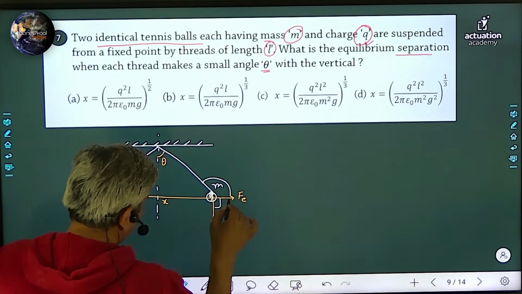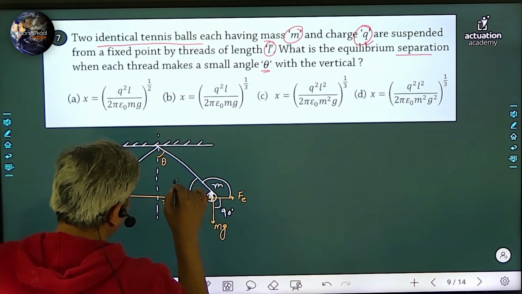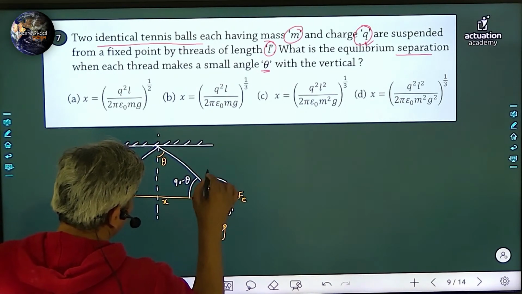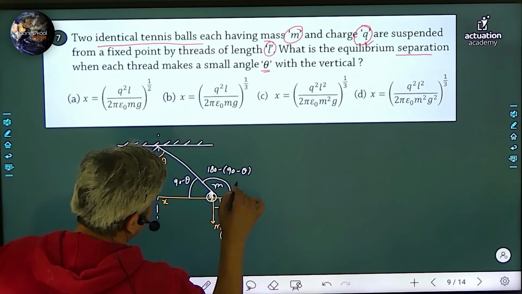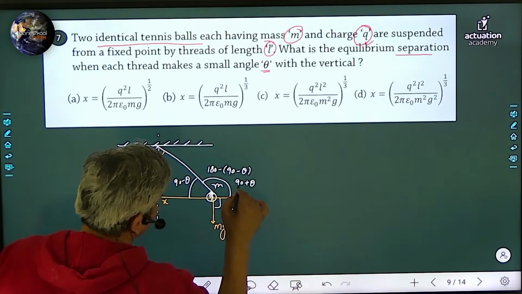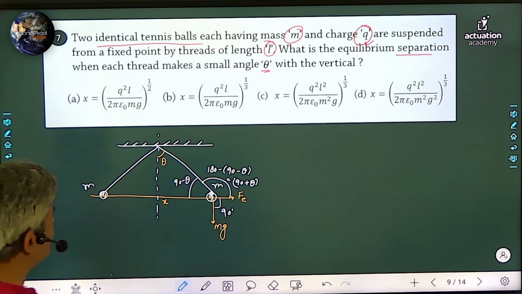We need to find out this angle now. This will become 180 minus 90 minus theta, which is 90 plus theta. So we have to use Lami's theorem now.